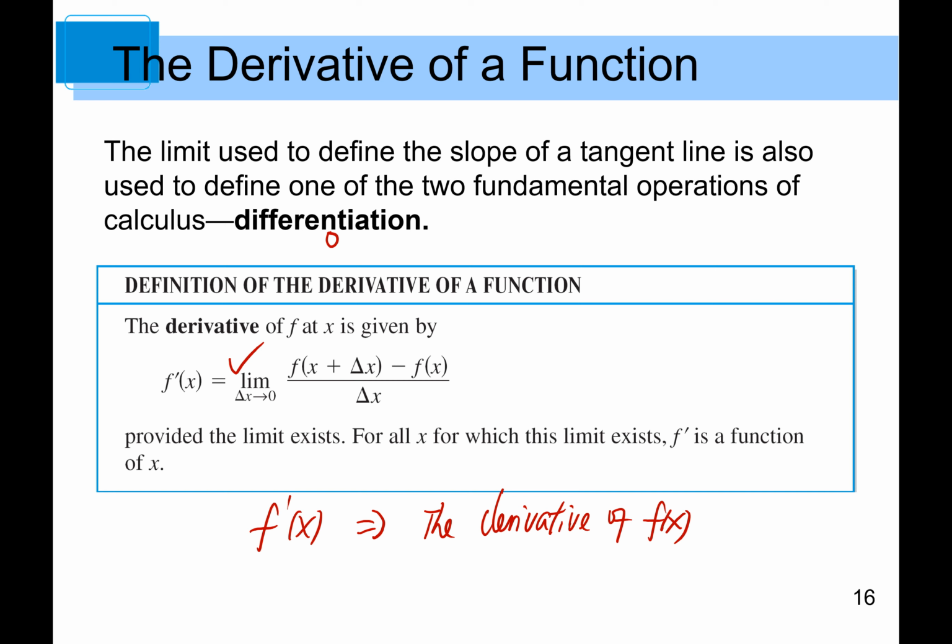So f prime of x equals the limit as delta x approaches 0 of f of x plus delta x minus f of x over delta x, provided the limit exists. For all x for which the limit exists, f prime is a function of x.